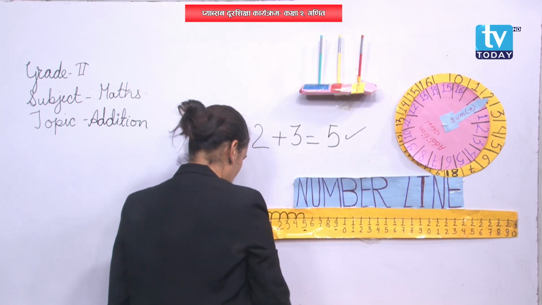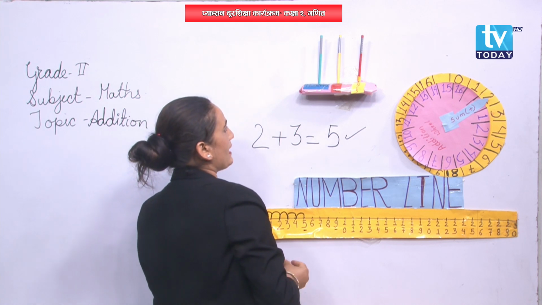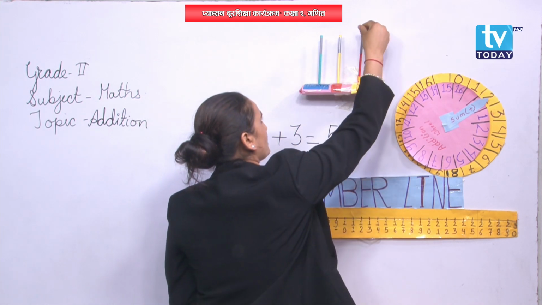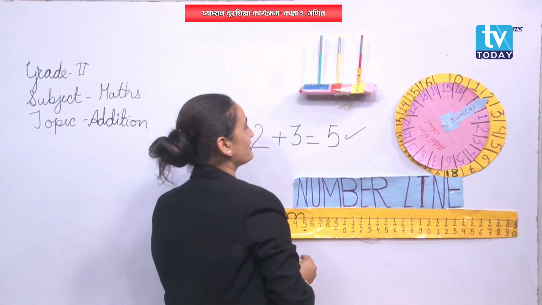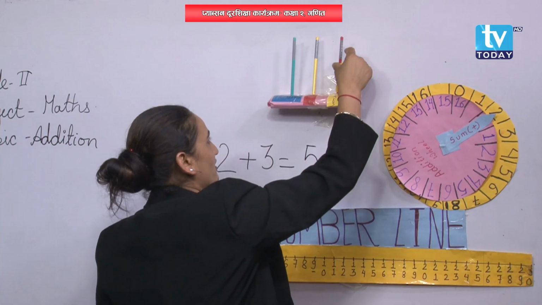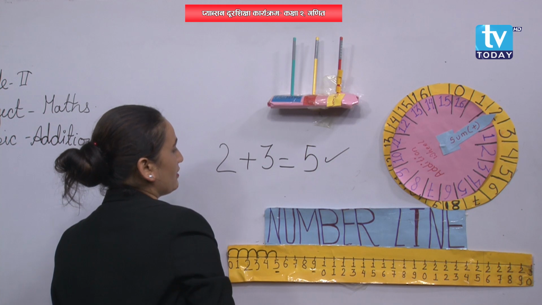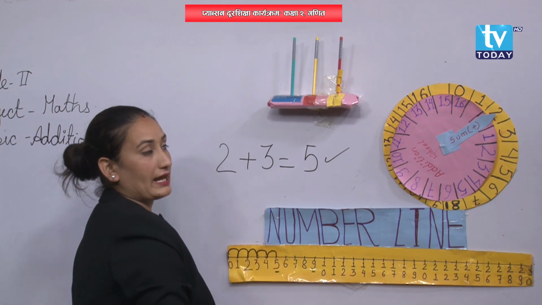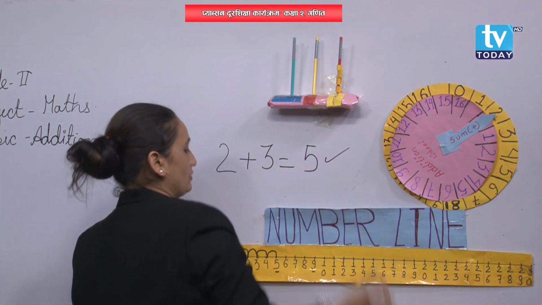Count it, okay? Please count it fast. I need to add the numbers. 1, 2, count it, dear students. 3. 2 already completed, 3 another 1, 2, 3.